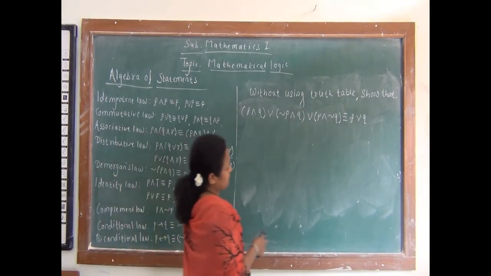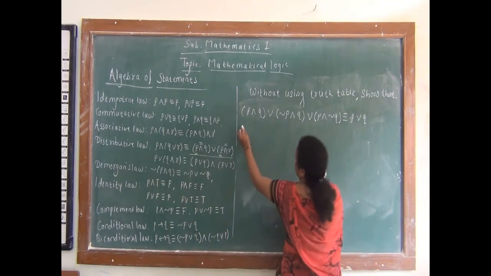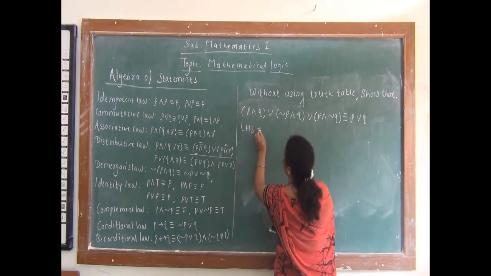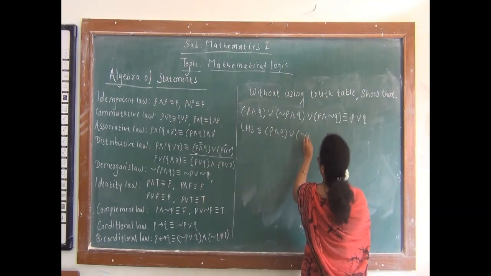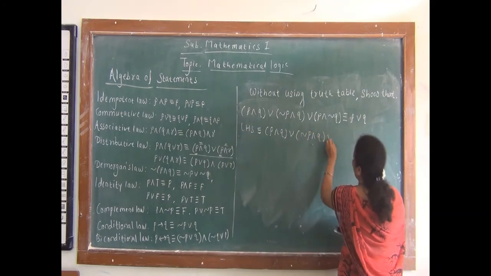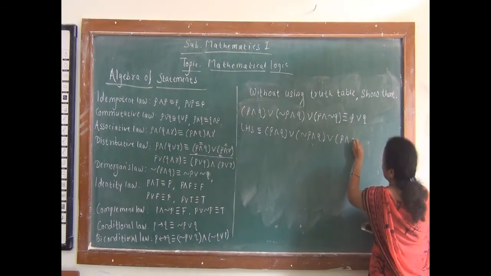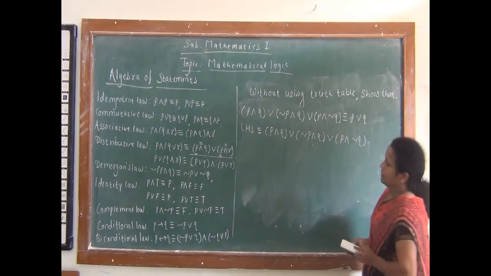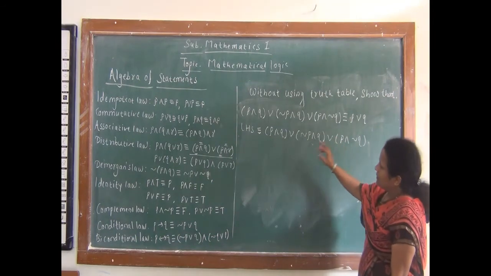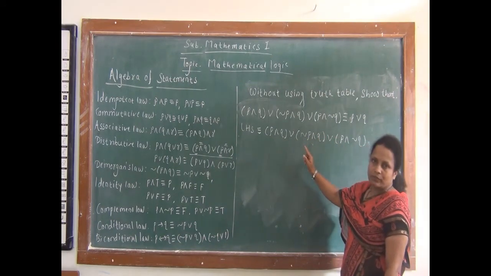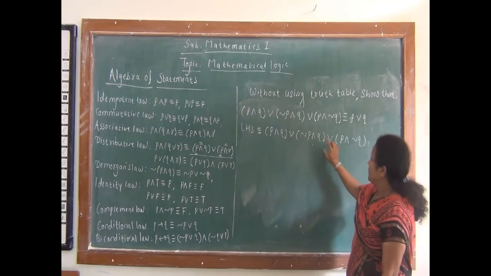So we consider LHS. So write LHS: P and Q or negation P and Q or P and negation Q. First we write LHS as it is, and now here if you observe there is one operation, that is disjunction or.